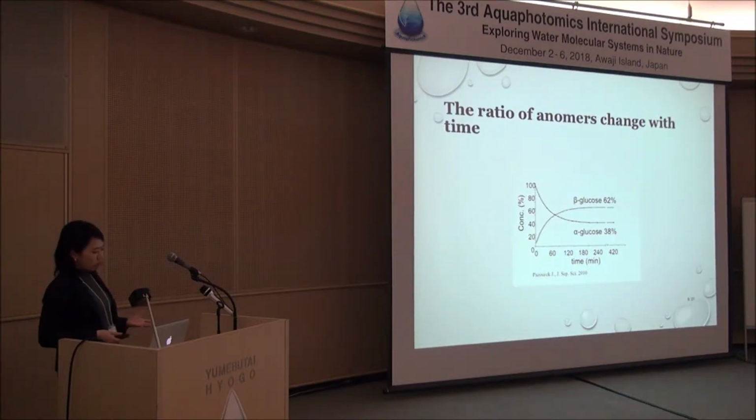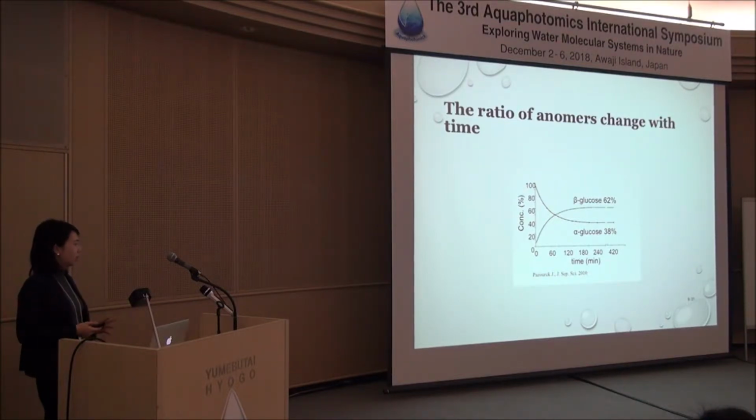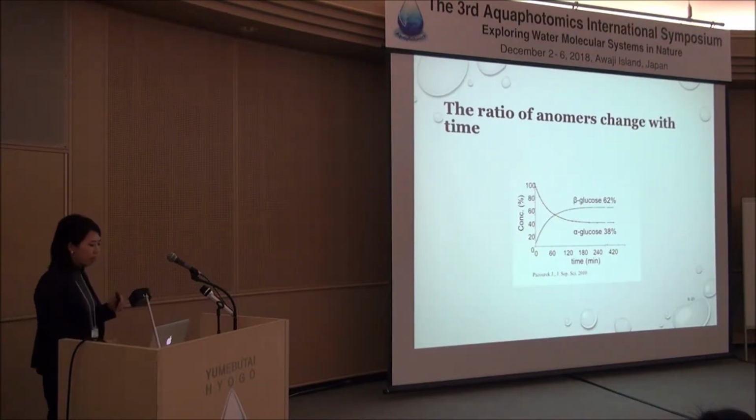As I mentioned earlier, glucose anomers are balanced in aqueous solution, but it takes about 2 hours from dissolving to the balanced state. Therefore, next, we examine the spectral change with time.